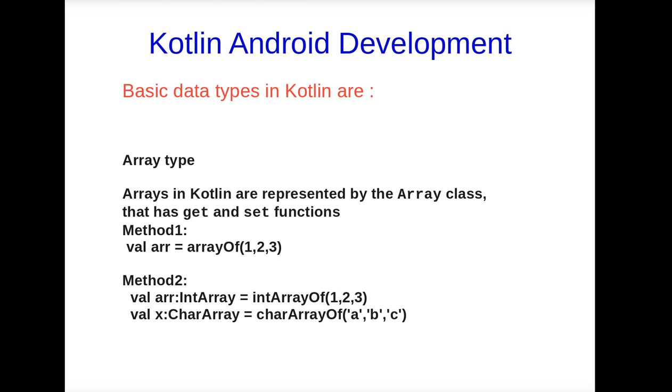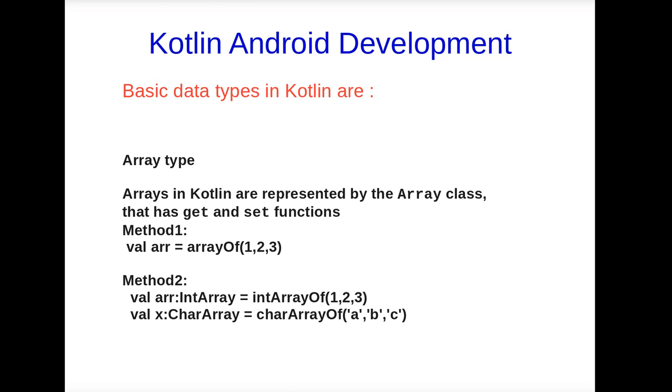Another type is the array type. Arrays in Kotlin are represented by the Array class that has get and set functions. How do we initialize an array?